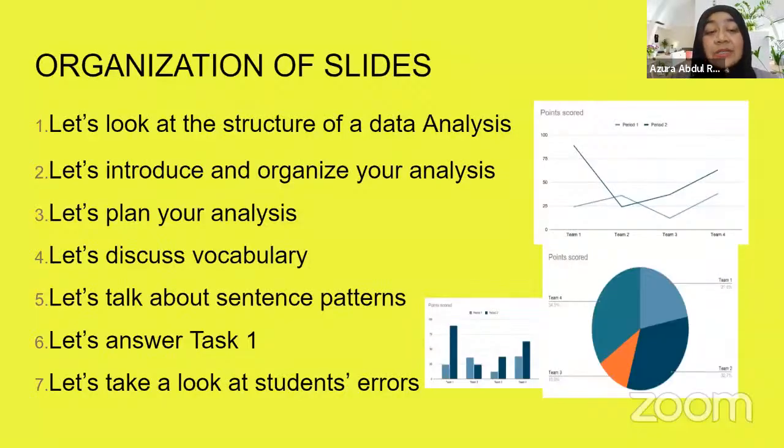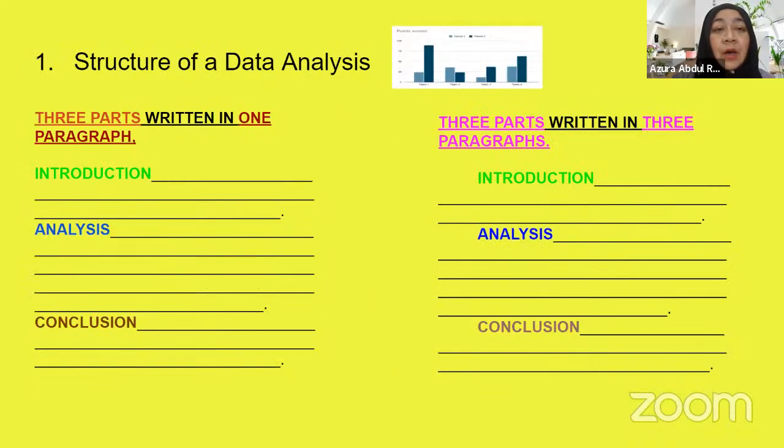Number 6, we're going to answer task 1. That will be hands-on. I will give you a graph and you will need to participate, one of you or a few of you, in order to see whether or not you have grasped the concept of task 1. And lastly, we're going to do error analysis. We're going to look into some very common errors that students make and that you should avoid. Okay, so this is the structure.